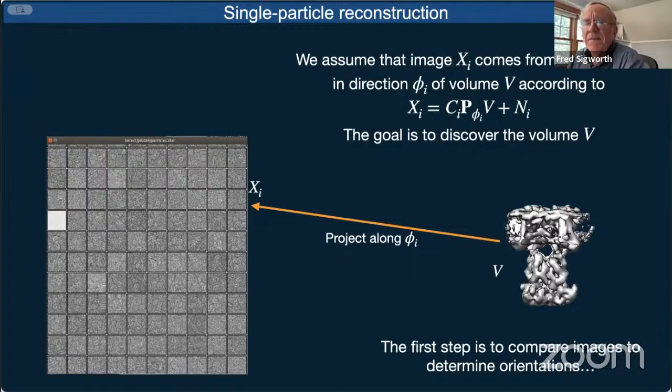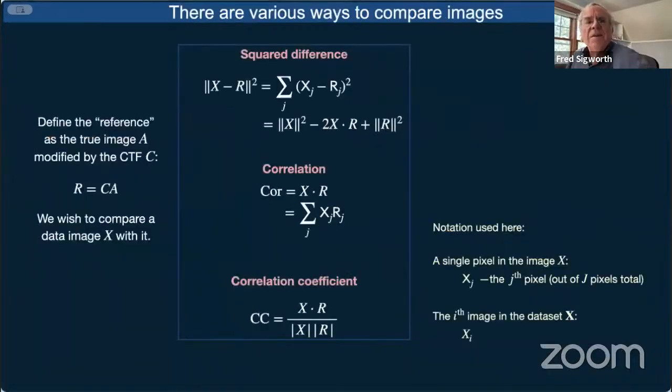Of course, the first step is to figure out the orientation angles. To do this, we want to compare an experimental image with a reference. For example, we can look at the pixel by pixel squared difference between the experimental image and the reference. We can look at the correlation, like I just did, which is pixel by pixel multiplying the experimental image by the reference.